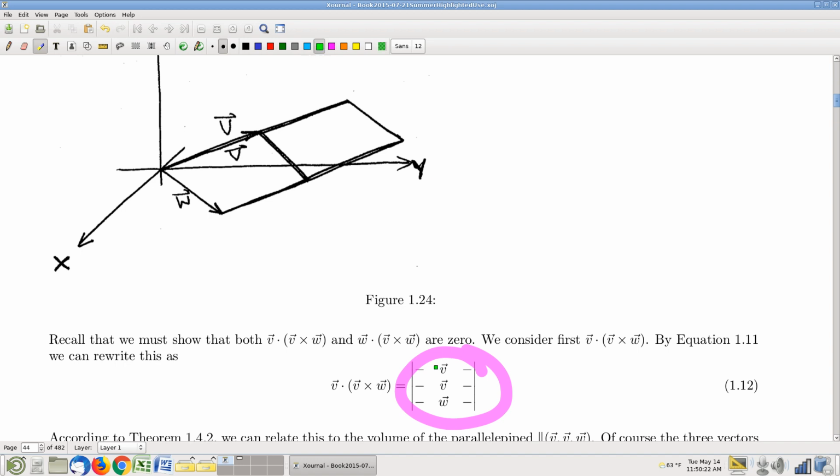So, first vector, v. Second vector, wait a minute, also v. And then third vector, w. Right?